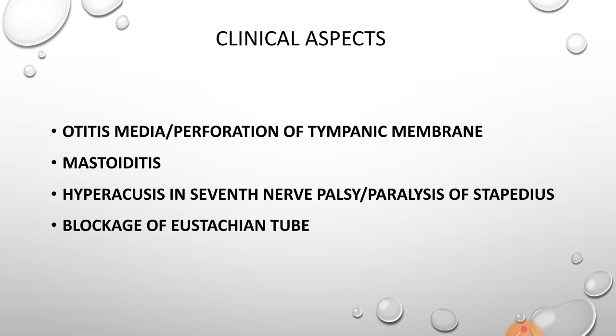An amber colored bloody fluid may be observed through the tympanic membrane. There can be perforation of the tympanic membrane in chronic otitis media, in which the eardrum is ruptured, and there can be otorrhea, a discharge from the middle ear, and there can be deafness.